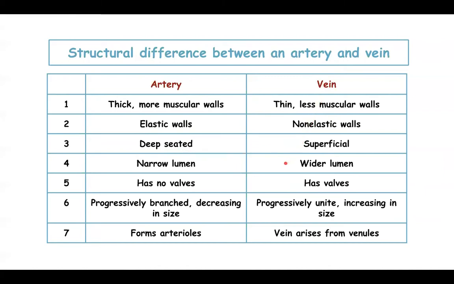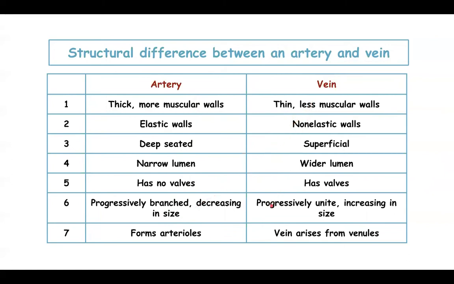The vein, on the other hand, is superficial. It is present above in the upper layers, just below the skin. The artery has a narrow lumen, a small lumen, whereas the vein has a wide lumen. The artery has no valves. The vein has valves. The artery is progressively branched and it decreases in size.